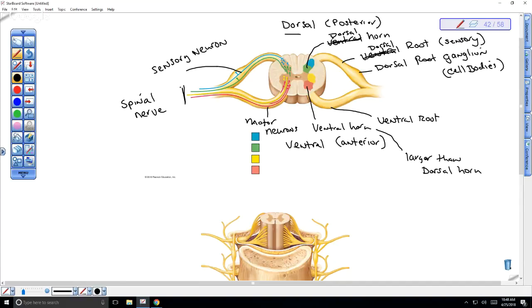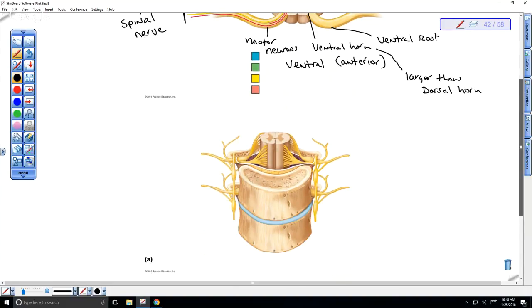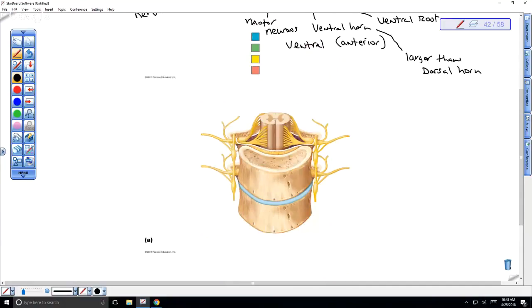So if we look down at kind of a side view of the spinal cord, notice that in any given area, we have these branches. These are still the dorsal and the ventral, but these branches are called rootlets. So this would be the dorsal rootlet.